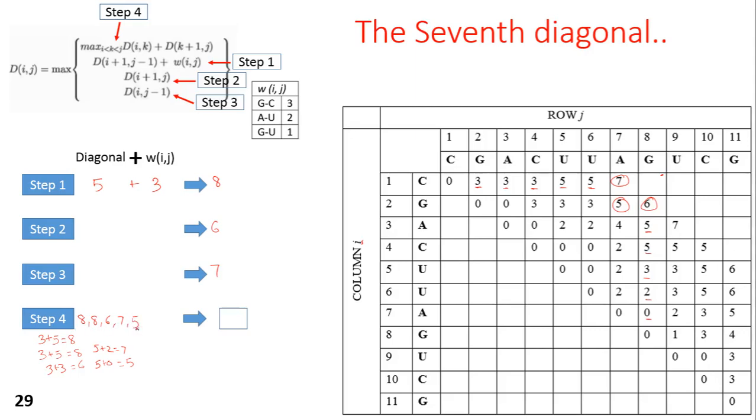Which is the biggest out of these 5 numbers? We have got 8. Therefore 8 is the final value for our step 4. So whatever values we have calculated for step 4, which one is the maximum? Of course 8. Therefore we will place 8 in our S matrix.